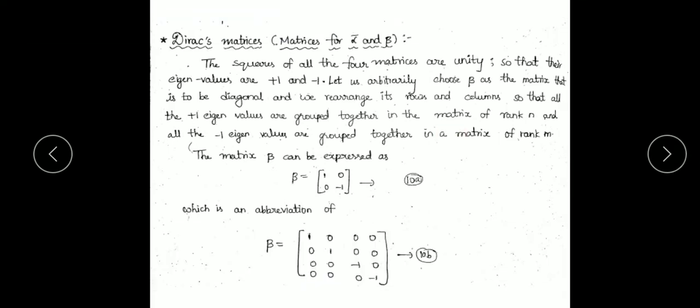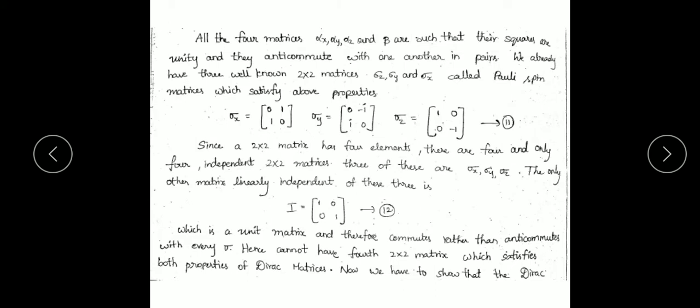Next, all the four matrices alpha x, alpha y, alpha z and beta are such that their squares are unity. This we have already discussed from the beginning of the session. And they anti-commute with one another in pairs.